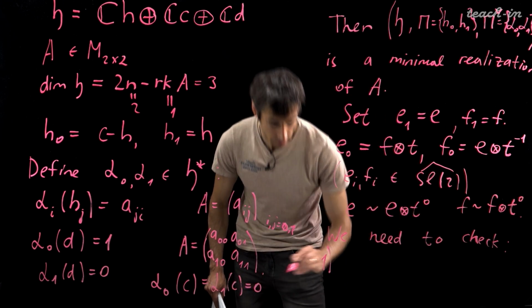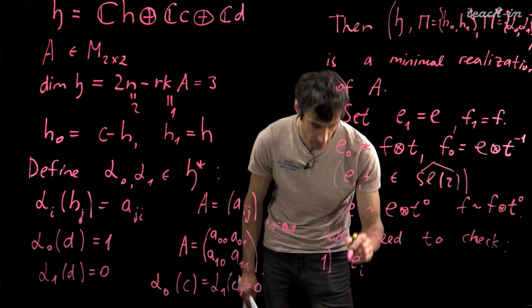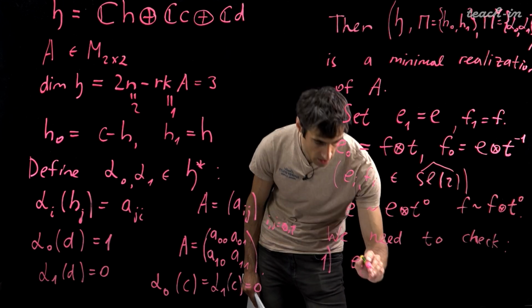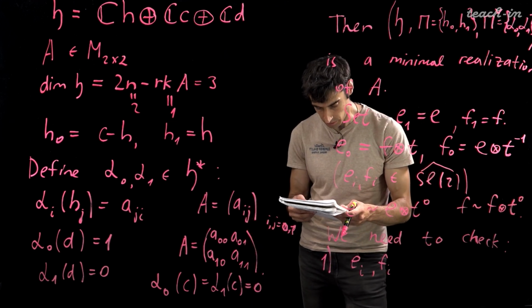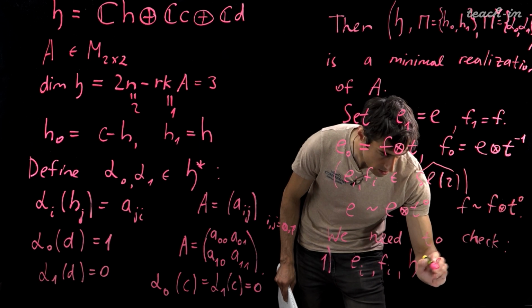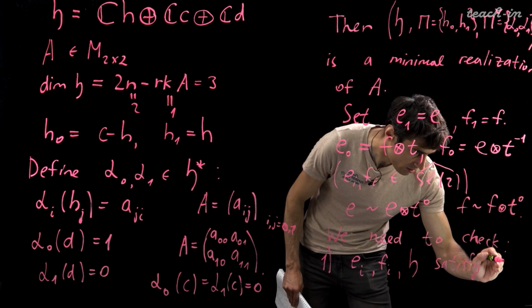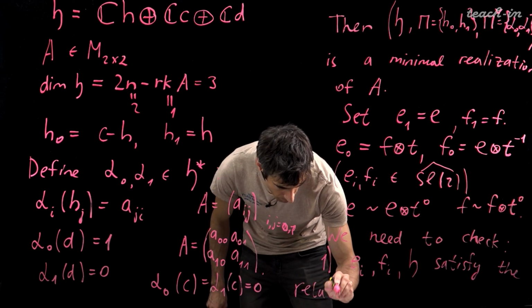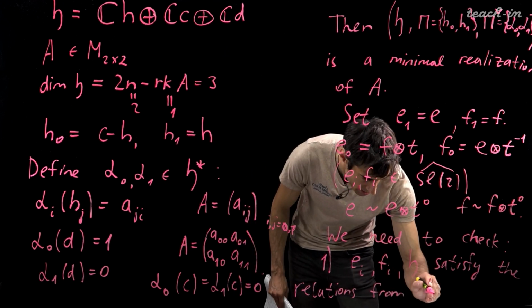First of all, these generators, we don't know yet that they are generators, but at least we would like to see that E_i, F_i, and H satisfy the relations from L of A tilde.